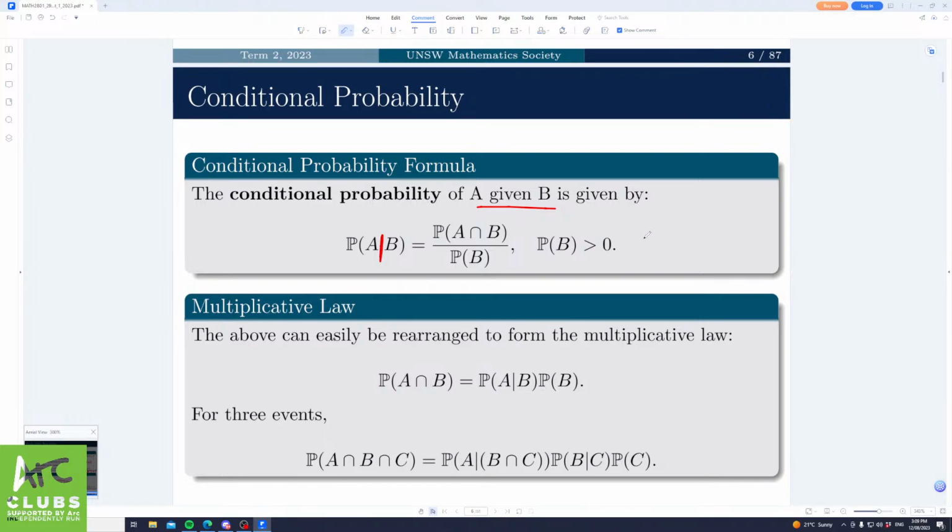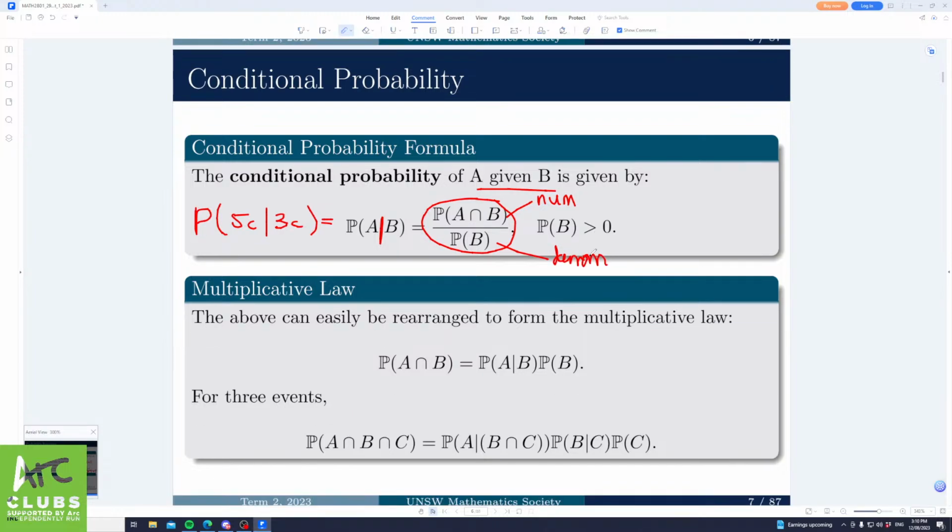If I see that kind of sentence in the question, I'm immediately writing the probability of 5 chocolates given 3 chocolates equals, and then I am using this formula in my next step. And from there, it's kind of like free game. You're going to be trying to evaluate the numerator, and then you're trying to evaluate the denominator. And that's pretty much the strategy for conditional probability questions.